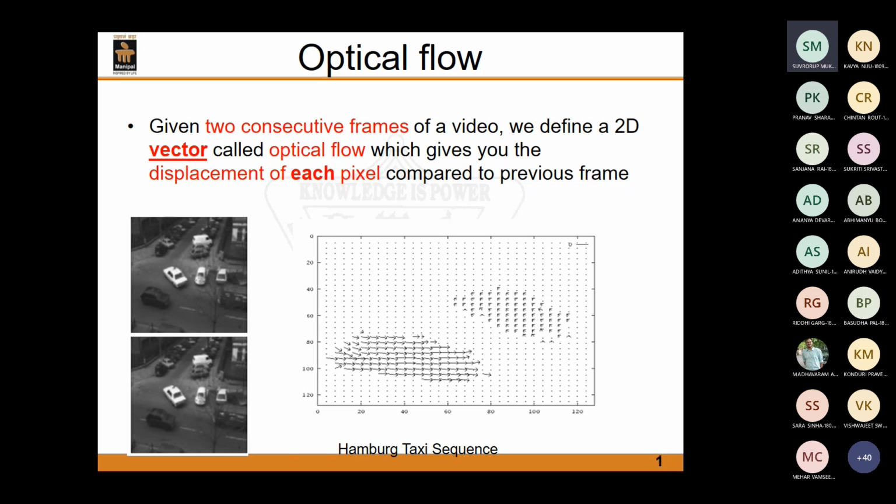Accordingly, that corresponding location would be the new location, or the translated point, that we are assuming. And like that we do it for all the consecutive frames that you have.